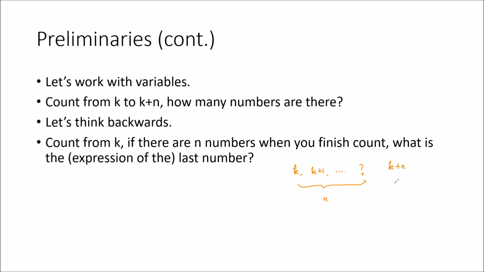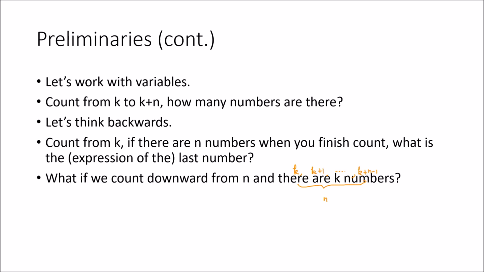Actually, you have n plus 1 numbers if the last expression is k plus n. So in fact, the last expression should be k plus n minus 1. Then k plus n minus 1 minus k, add 1 back, gives exactly n numbers. So if you start from k and you have n numbers, the last term is k plus n minus 1.